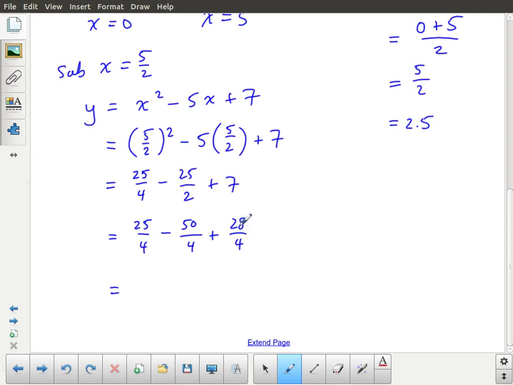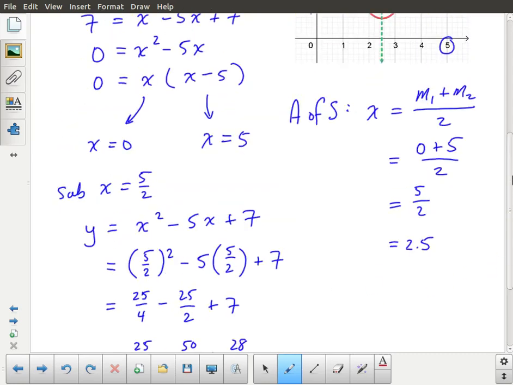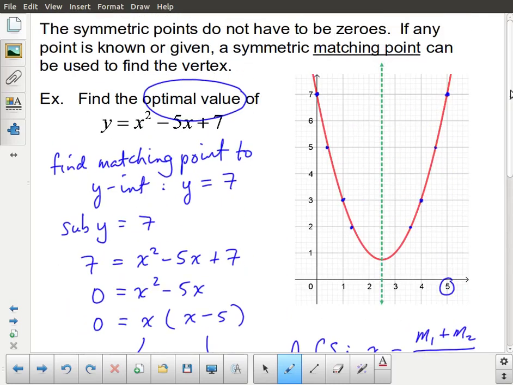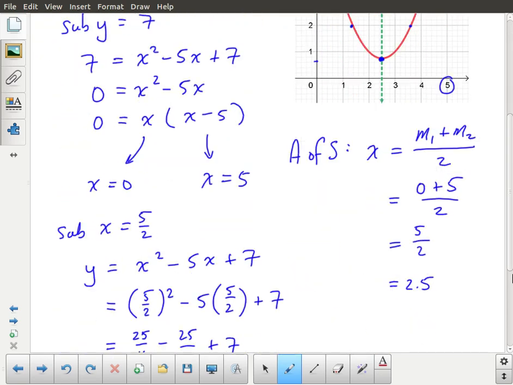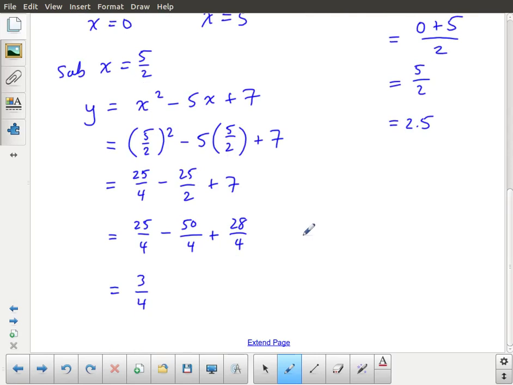Negative 25 plus 28 is equal to 3 over 4. So we end up with 3/4. And since in this case we were given the graph, we can go back and take a look at it. And sure enough, this value, 3/4, seems to make a lot of sense with the graph that we were given. So we're pretty comfortable and confident in the correctness of that answer.